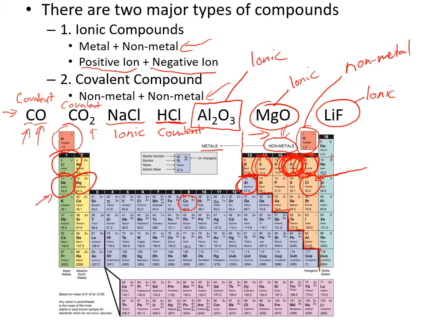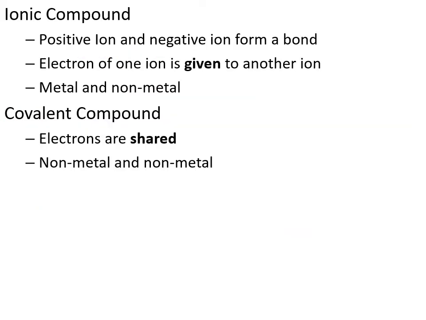So it's important that we are able to identify if something is ionic or if it is covalent, because that is going to determine how we start naming these compounds. So let's take a look at naming some easier compounds first. This is just a recap. Ionics are positive and negative ions that form a bond, compared to covalents, which are nonmetals. Ionic ones are metals and nonmetals.